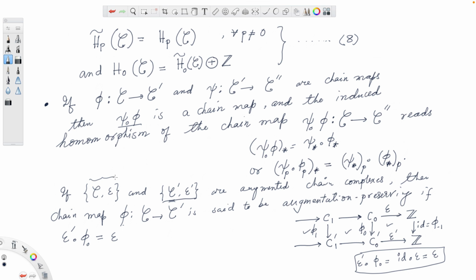So this is what we mean by a chain map between two augmented chain complexes. This is one augmented chain complex, this is another augmented chain complex, and whenever we have a chain map between two augmented chain complexes, we have to have this diagram be commutative.